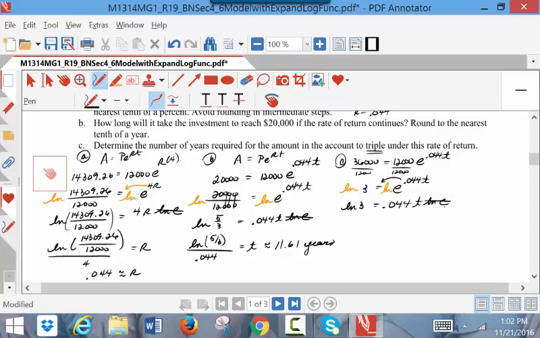So the number of years it will take for this amount to triple under an interest rate of 0.044 compounded continuously should come out to be, I've got 24.99. In other words, 25 years to triple.